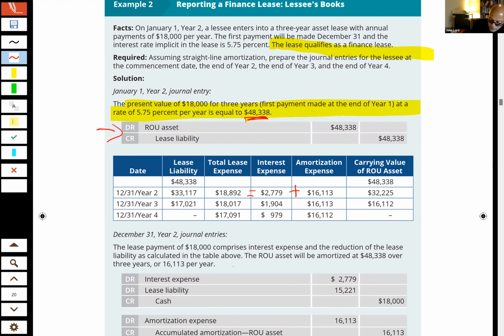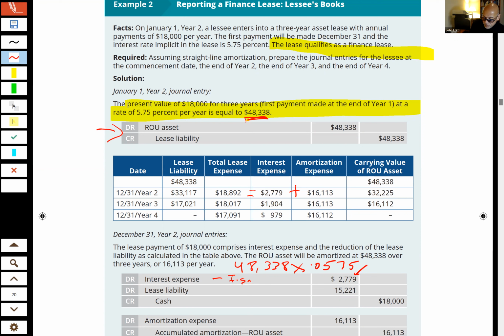That 48,000, write it here, times 0.0575. That gives me the portion that's the interest expense. That, of course, is reported on the income statement.